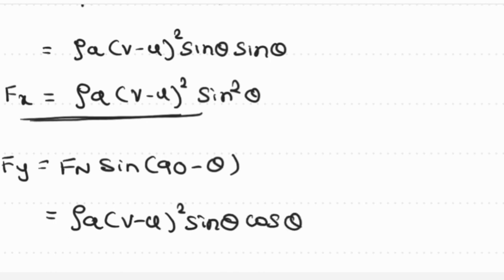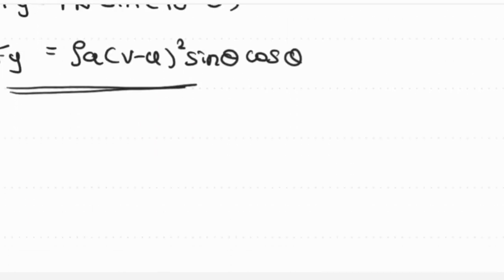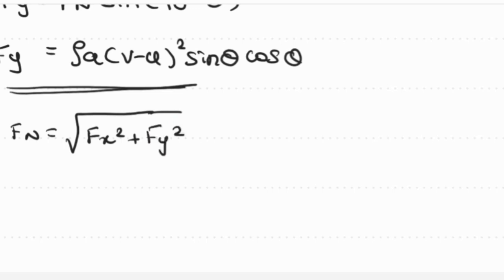So Fy is equal to rho A v minus u whole square sin theta cos theta. The magnitude Fn is equal to root of Fx square plus Fy square.